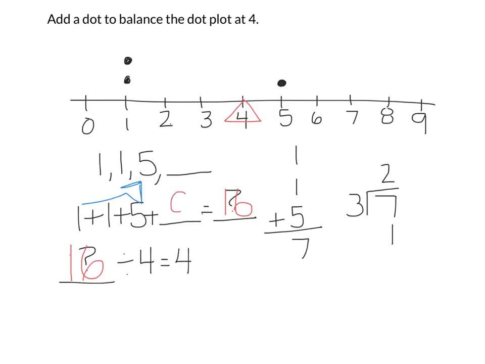My answer would be 9. 7 plus 9 equals 16. So this 9 tells me where I need to add my last dot. So at 9 on my dot plot, I will draw 1 more dot.